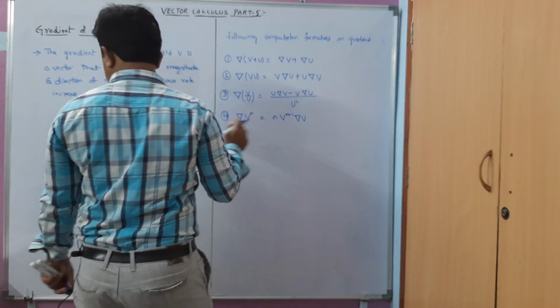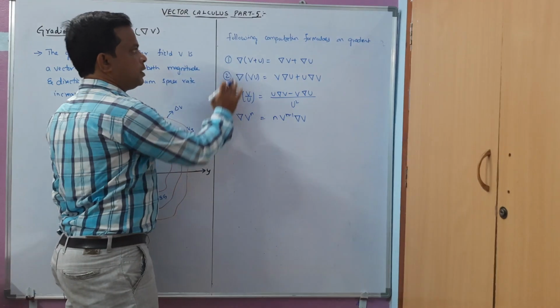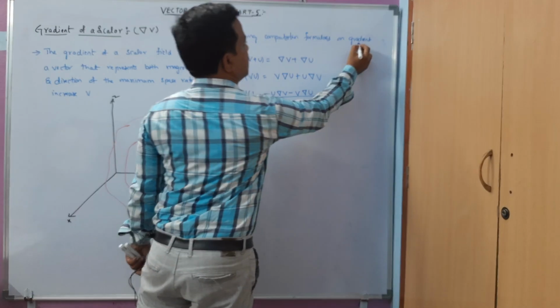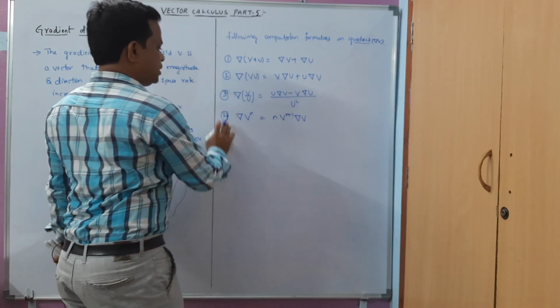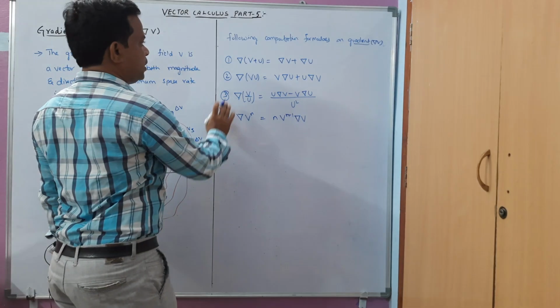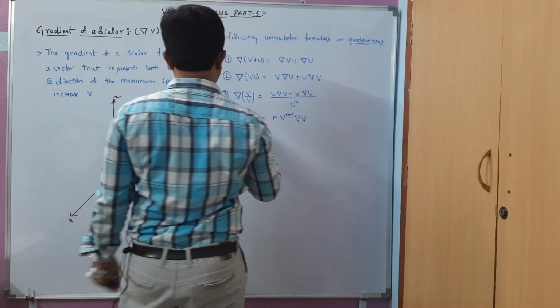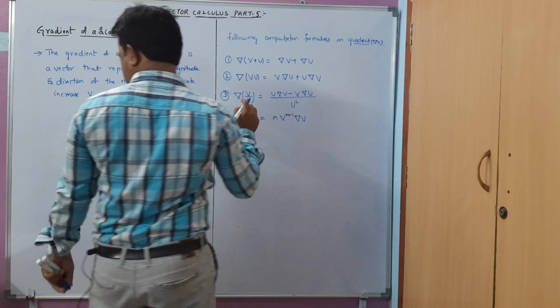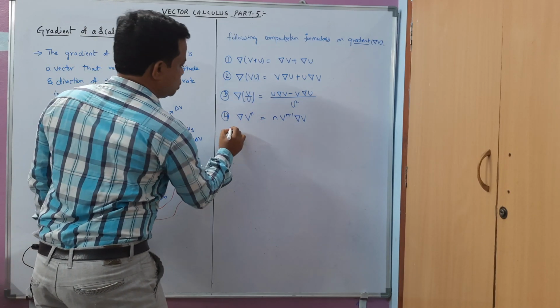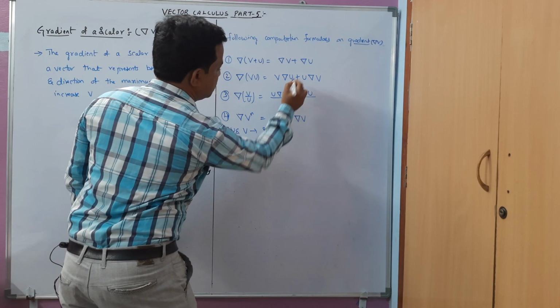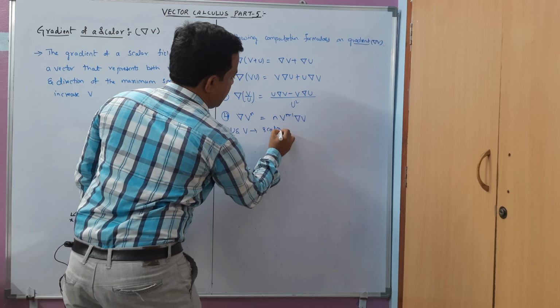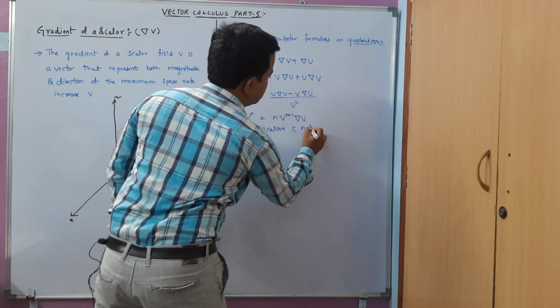So these are the four computation formulas we have to remember for the gradient, del v. Here u and v are scalars, and n is an integer.